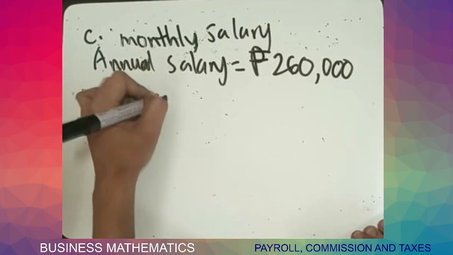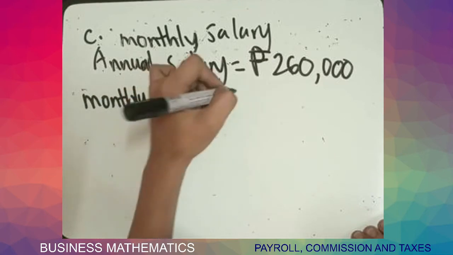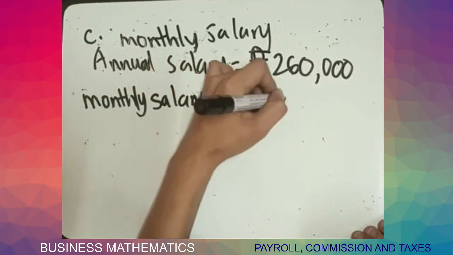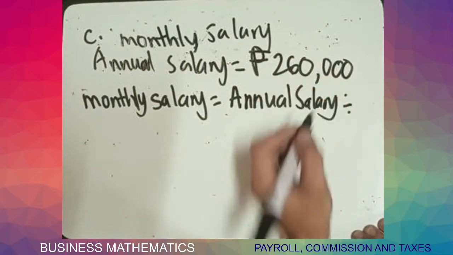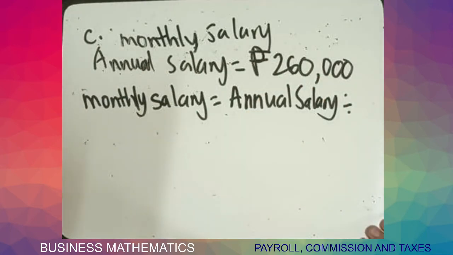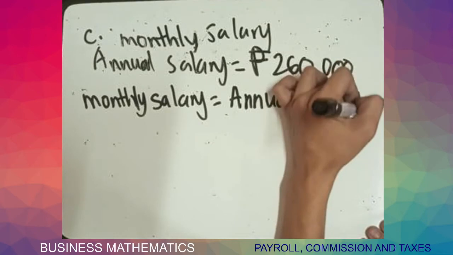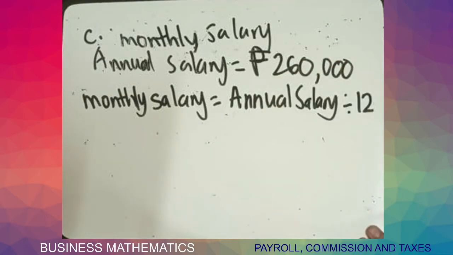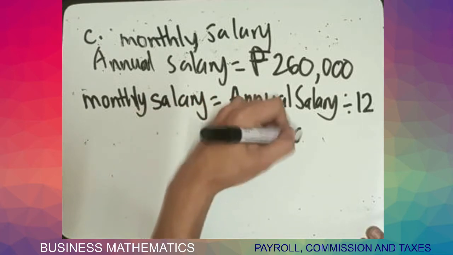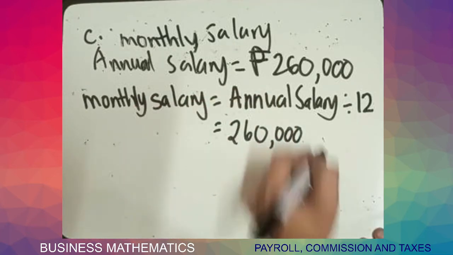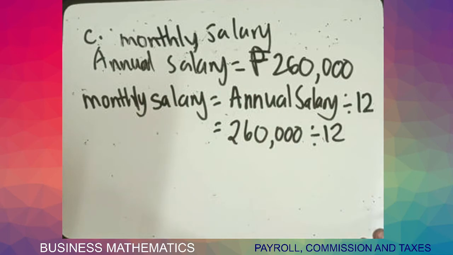Monthly salary is equals to annual salary divided by 12, divided by 12 months. 260,000 yung value ng ating annual salary, divide natin sa 12. What will be our monthly salary?